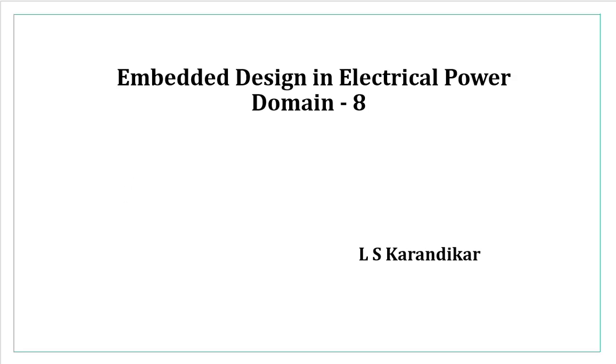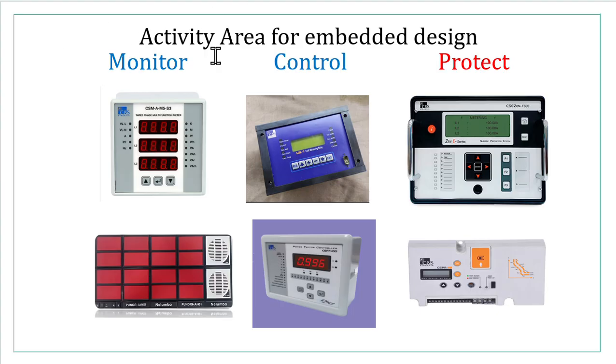What we have done so far, let us briefly have a look at the activity area of embedded design. We have seen it has three parts in it: monitor, control and protect. I had also mentioned that without monitor you can neither control nor protect.